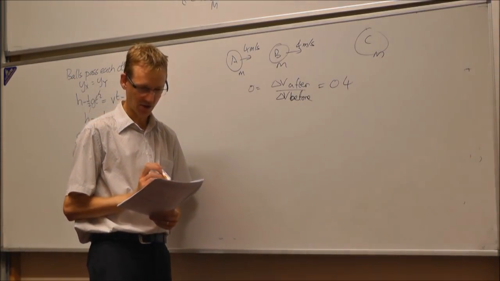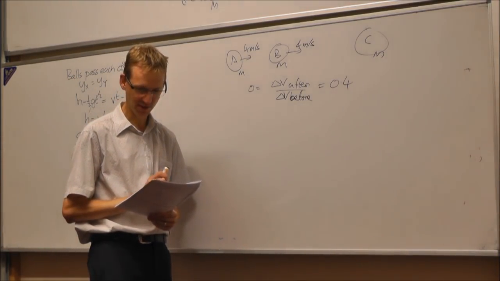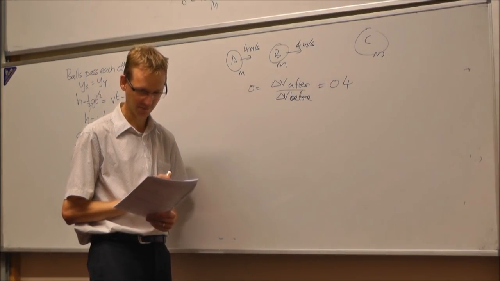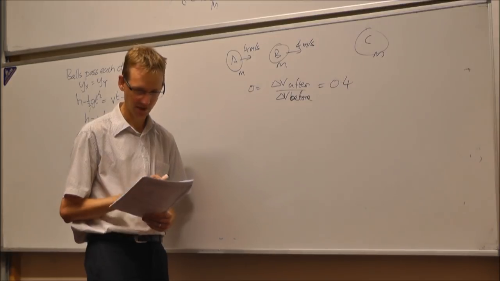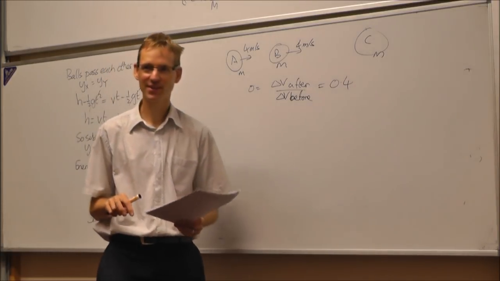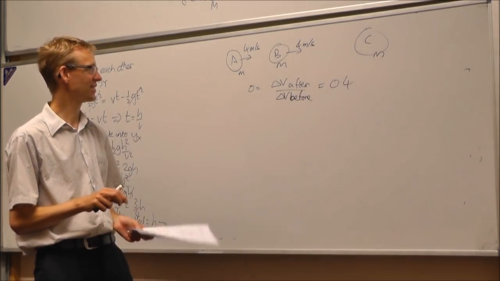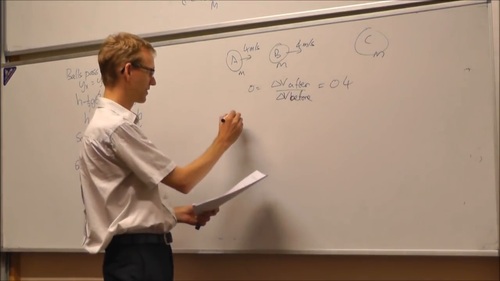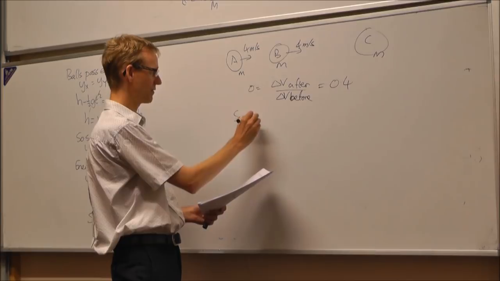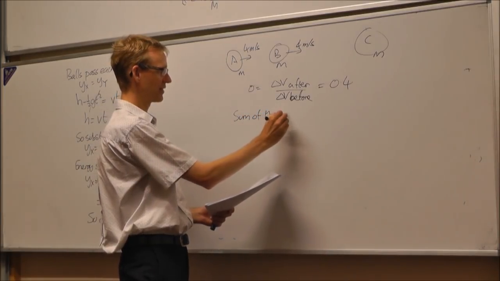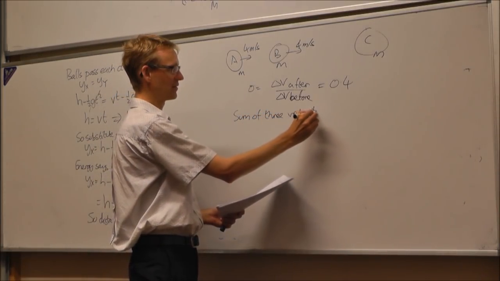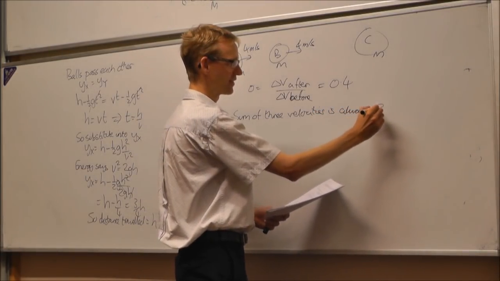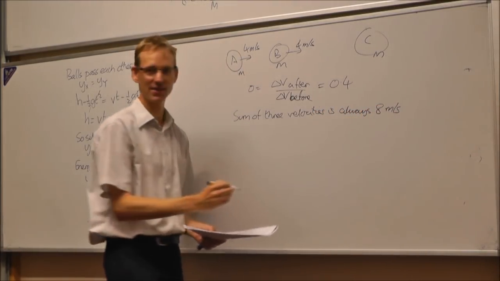Show that there are just 3 collisions between the balls and the sum of the final velocities of the 3 balls is 8 meters per second. Actually, that last statement is obvious, isn't it? It's momentum conservation. The sum of the 3 velocities is always 8 meters per second because their masses are the same.